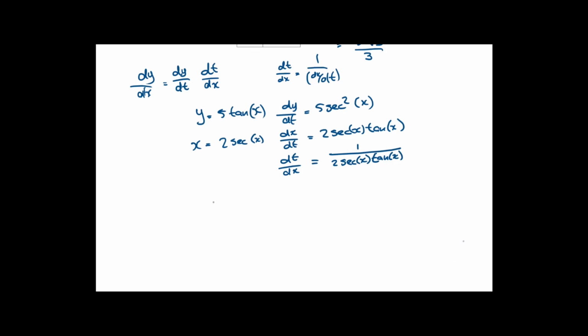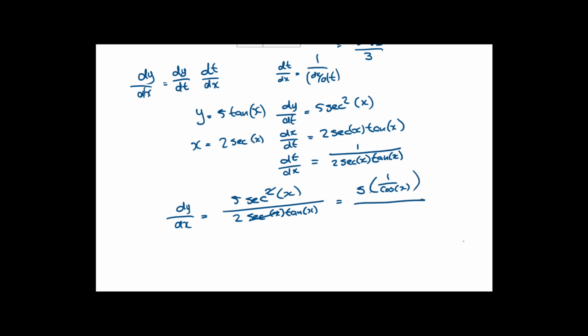So dy/dx is going to be equal to 5 secant squared of t, remember it's 1 over cos, over 2 secant of t tan of t, and that's going to be really great for us because it's 5, one of the secants is going to cancel, and secant is 1 over cos, 5 times 1 over cos of t, over 2, now remember tan is sine of t over cos of t.